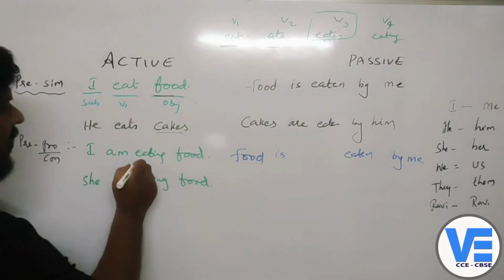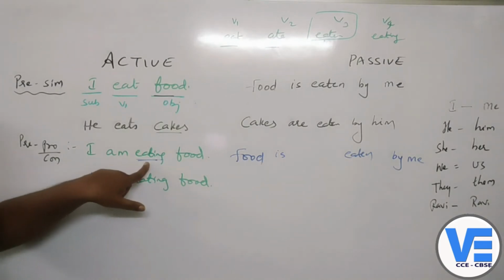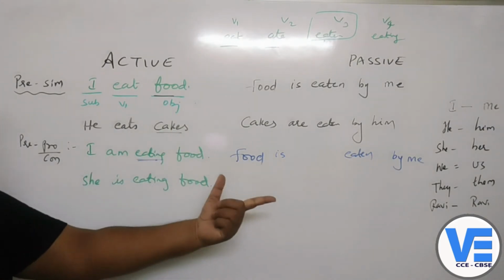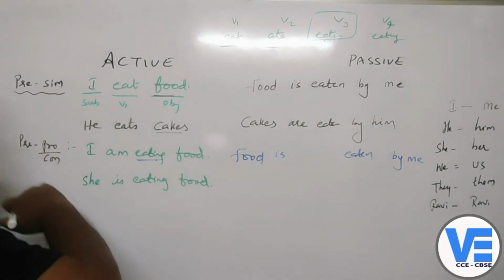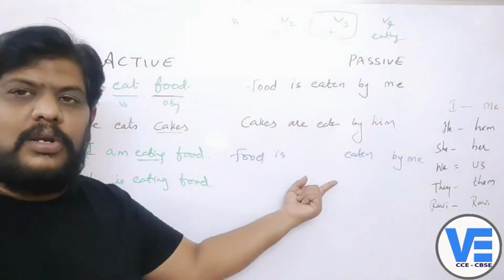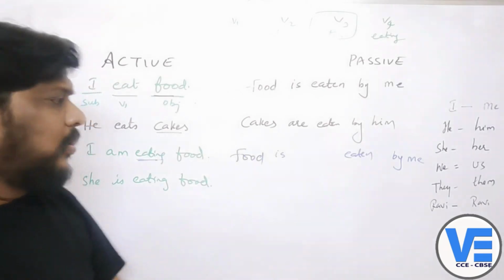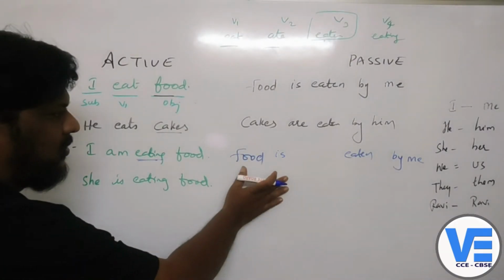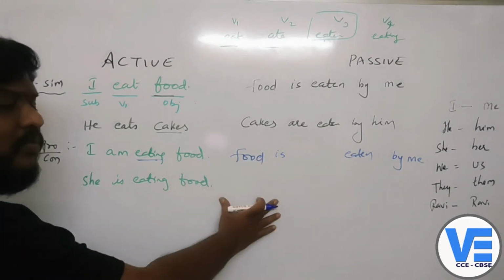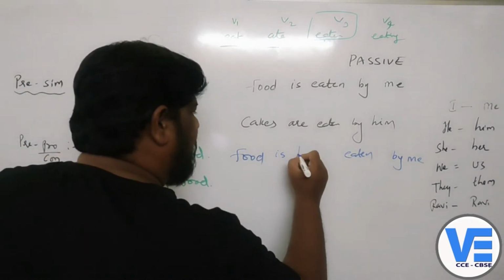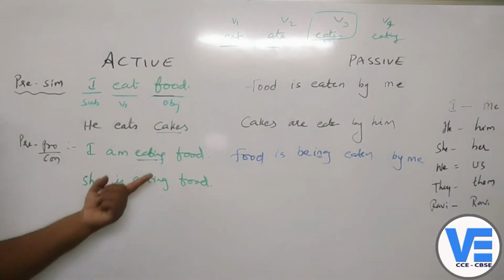But here this eating is showing some kind of action, isn't it? So that means this particular action is still in progress. Now this, food is eaten by me, is exactly similar to what you have written in the present simple. Here you are not seeing any kind of action which is in progress. So to make it a proper passive voice without changing the meaning, one word we can use here is being, the ing form.